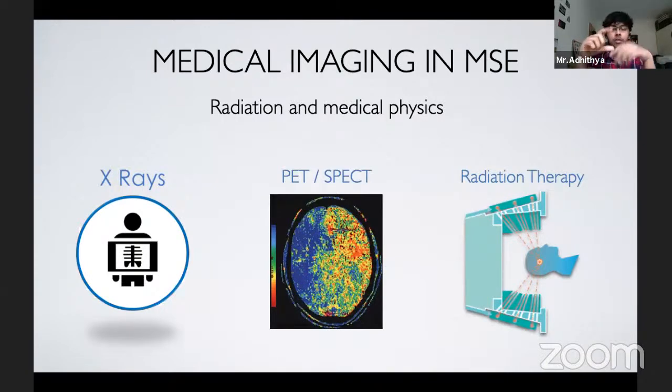With a C-arm system, you can image structures inside the body in real time.